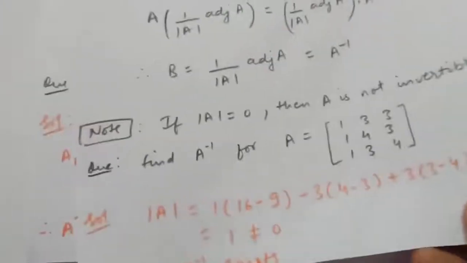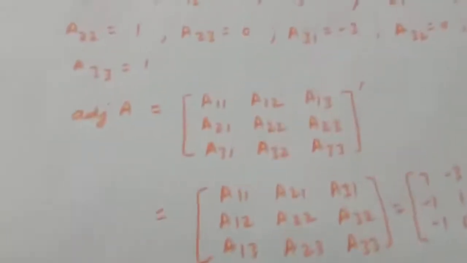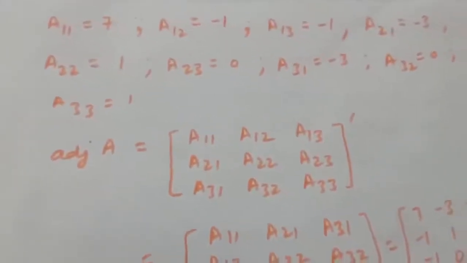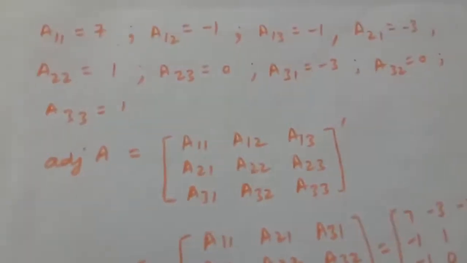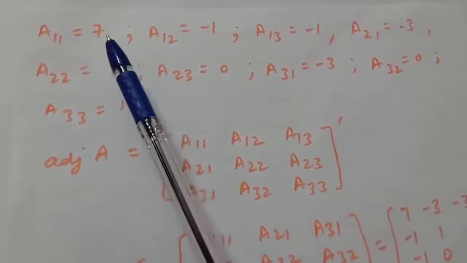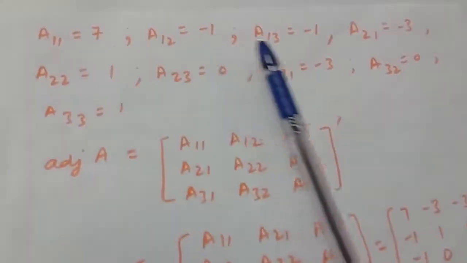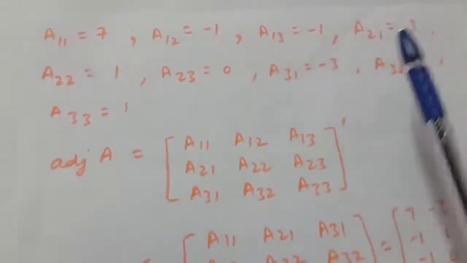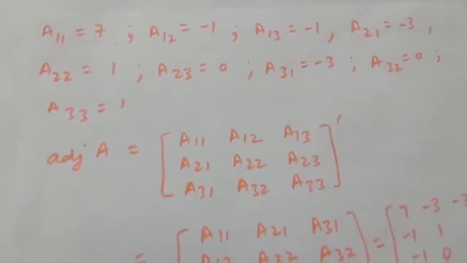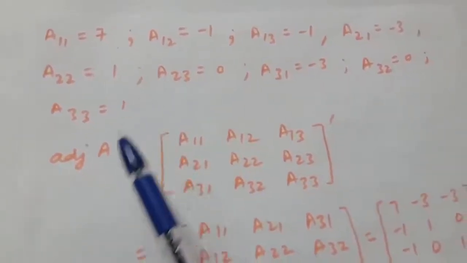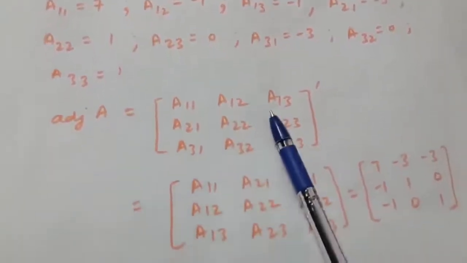Now we will find the adjoint of A. For this, find out all the cofactors of all the elements. So you will get cofactors as 7, minus 1, minus 1, minus 3, 1, 0, minus 3, 0, 1, right? So adjoint of A is the transpose of this matrix.